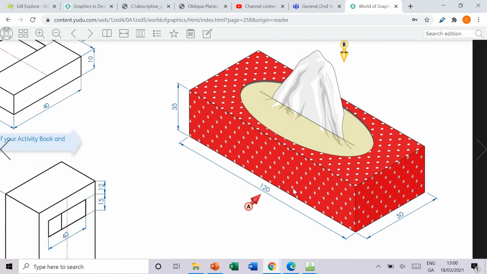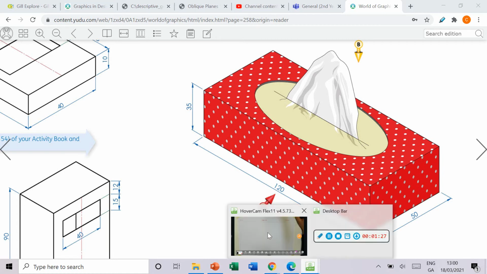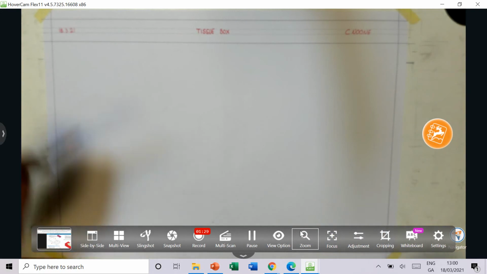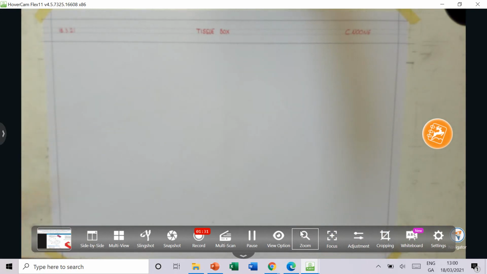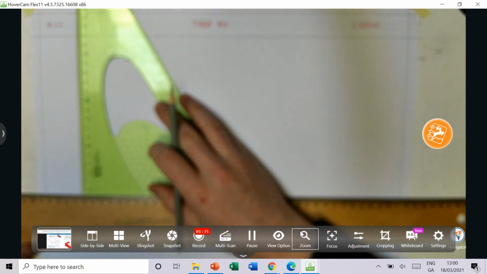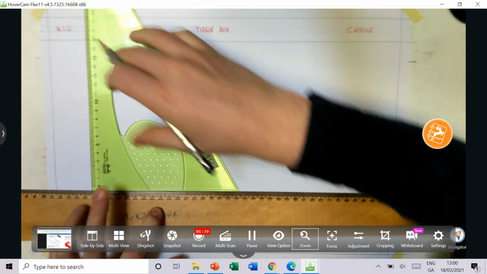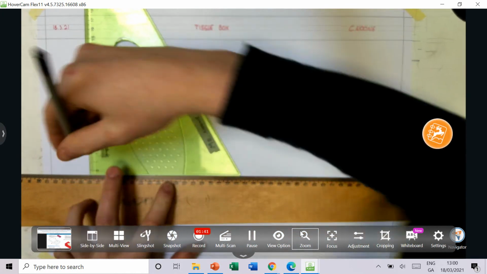So we're going to try to do the elevation first. It's 120 wide by 35 tall. So I'm going to go over to my sheet here, and I'm going to draw this. I'm going to come down 150 mil down the page.